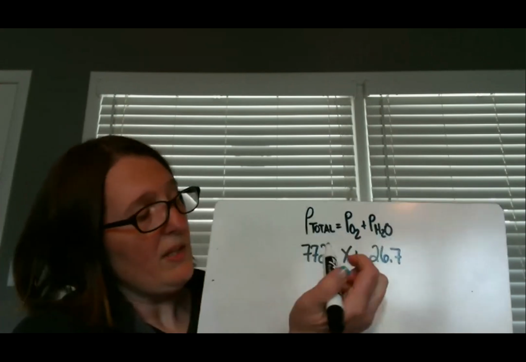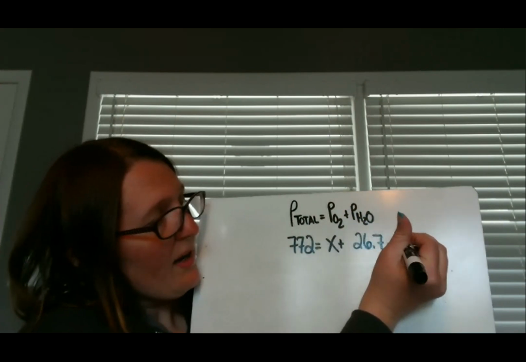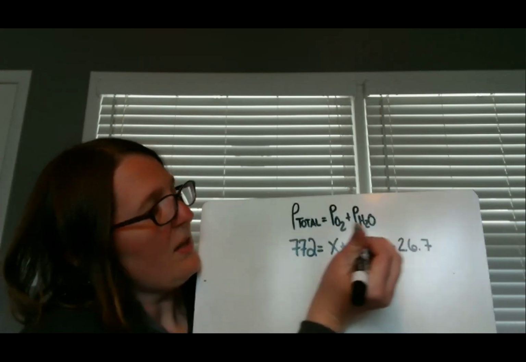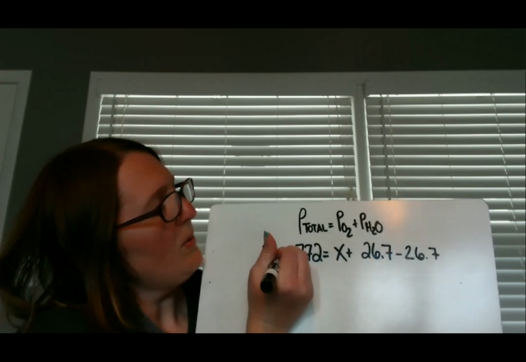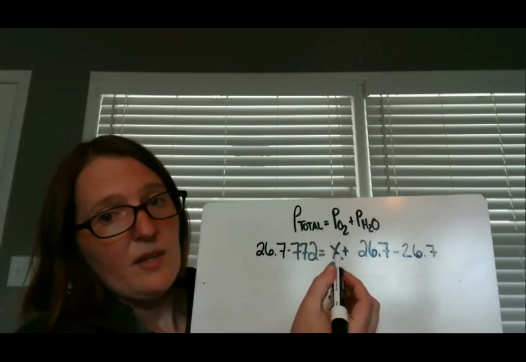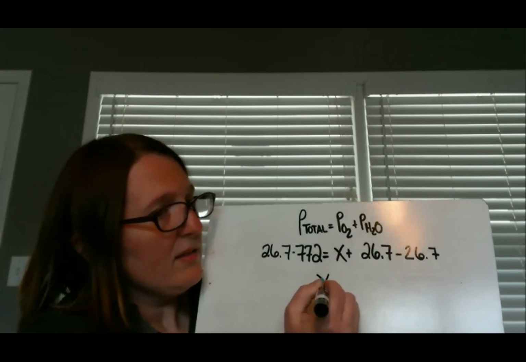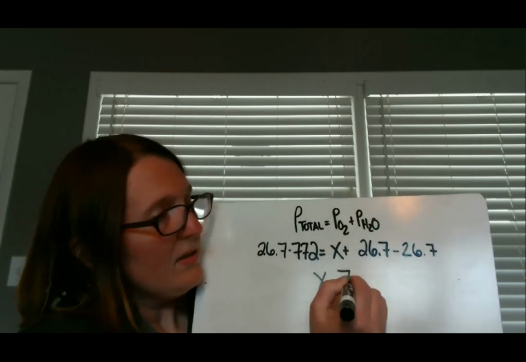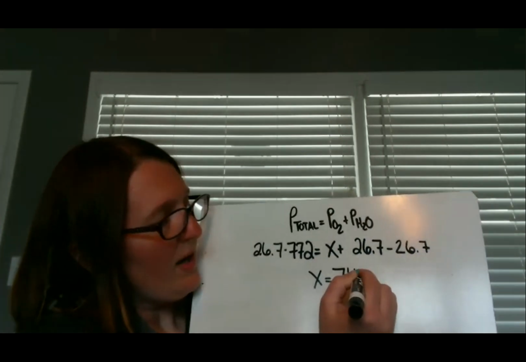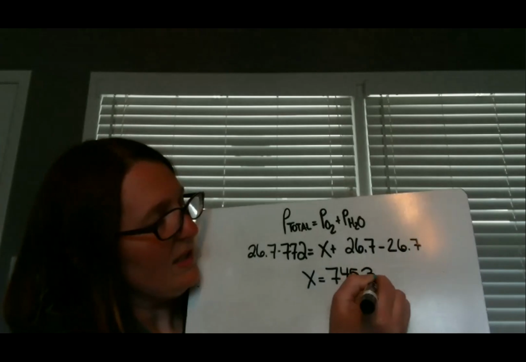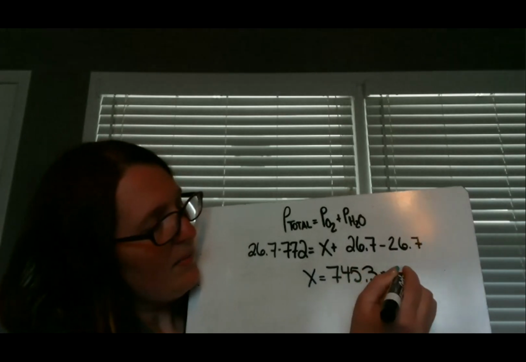So to solve for P of O2, we simply subtract 26.7 from both sides. And we will get that X equals 745.3 mmHg.